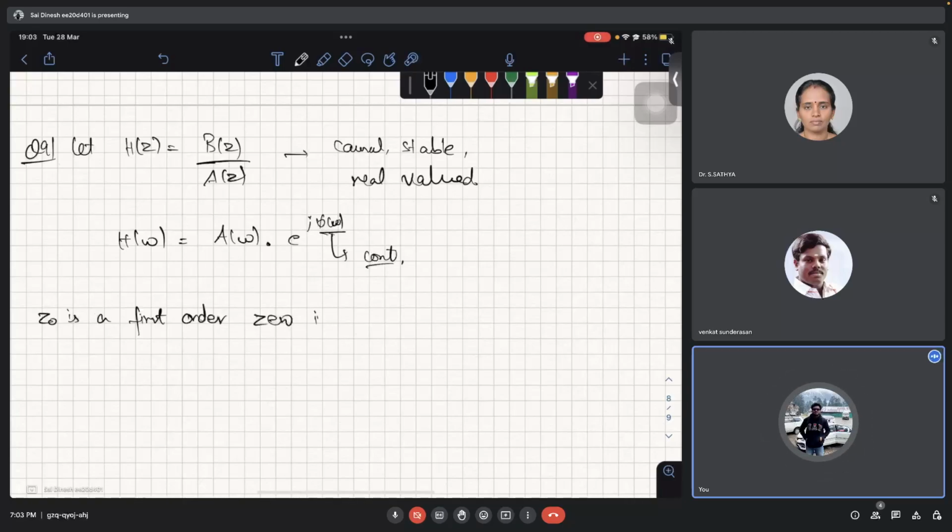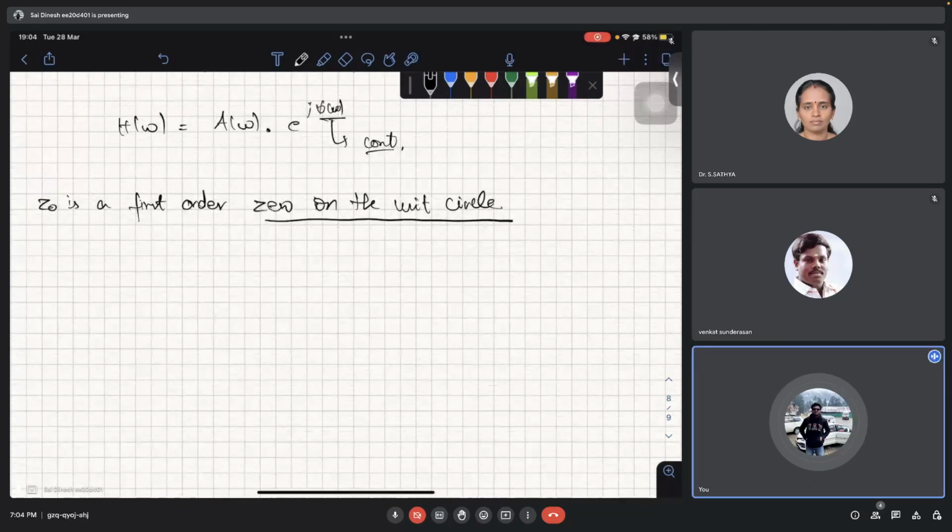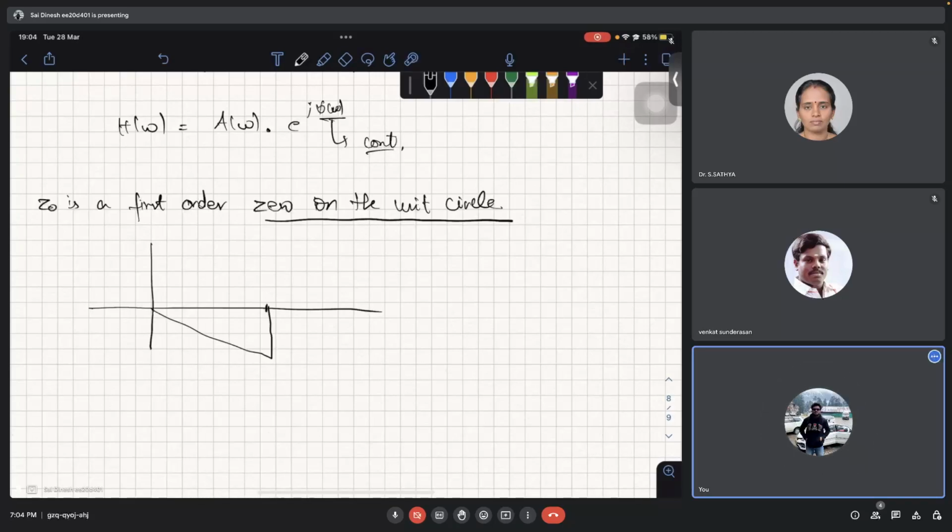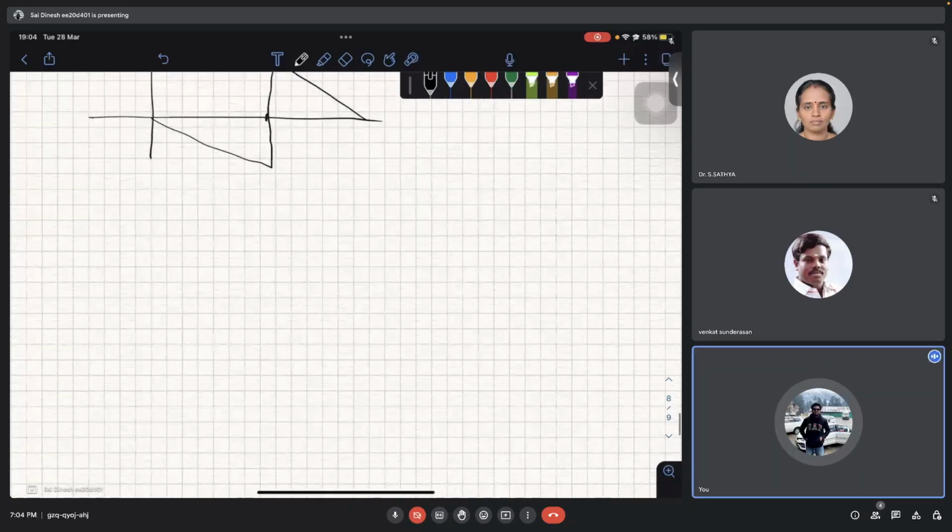First order zero on the unit circle. So whenever there is a zero on the unit circle, let's say at some omega, then it is linear phase, right? Now in the question, so it is a linear phase.